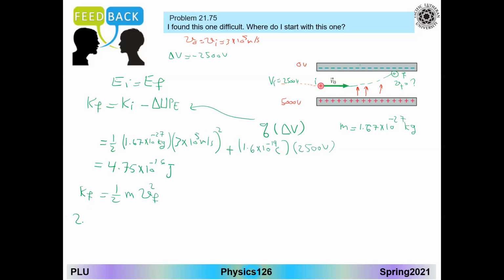So from here, I can write my V final equals the square root of 2 K final divided by m. I have all the information.